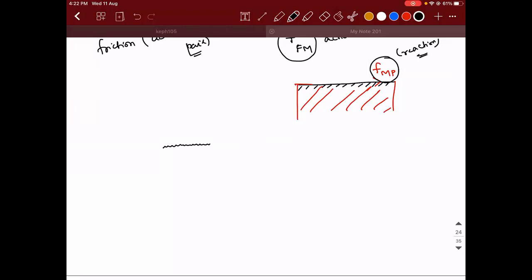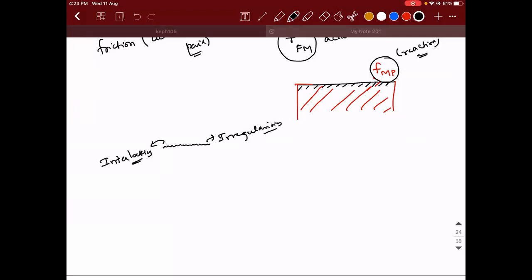There will be some irregularities present on each surface, due to which there will be interlocking. So I hope you understand the meaning of interlocking. It is locking between two different objects. Interlocking takes place, due to which friction will oppose the motion of objects.